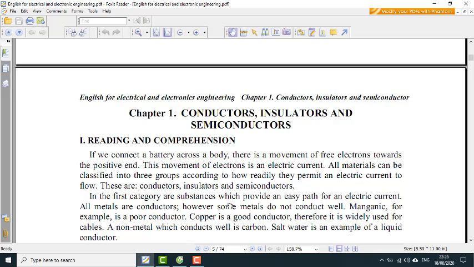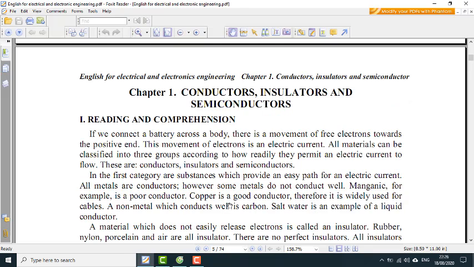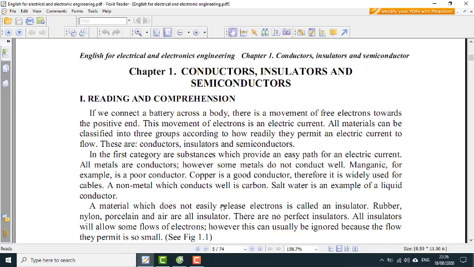Now we begin the class with Chapter 1. First, I will read the contents of the reading and comprehension.